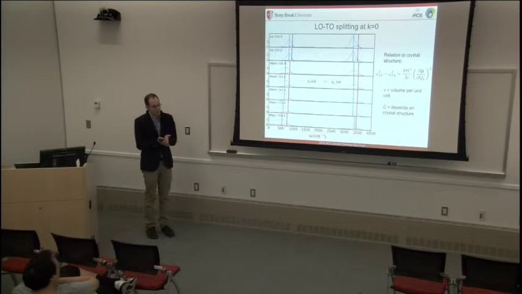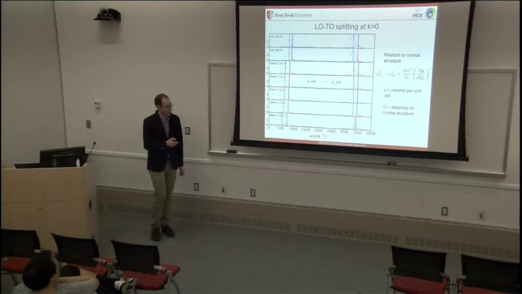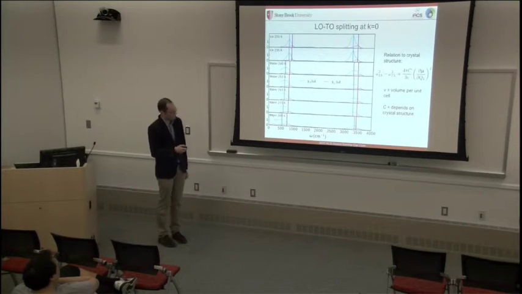And the degree of LOTO splitting can be related to the underlying structure. Like in a crystal, the LOTO splitting is related to the structure through this equation, where C depends on the crystal structure and V is the volume per unit cell.